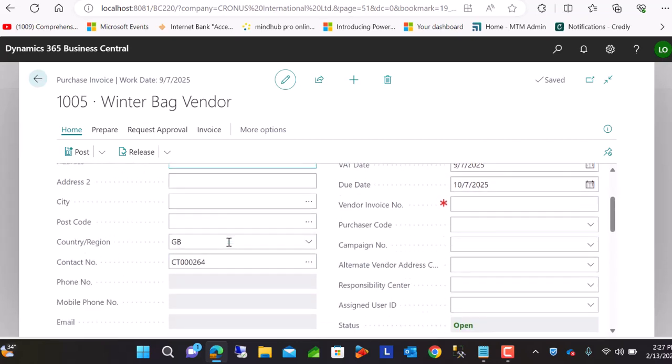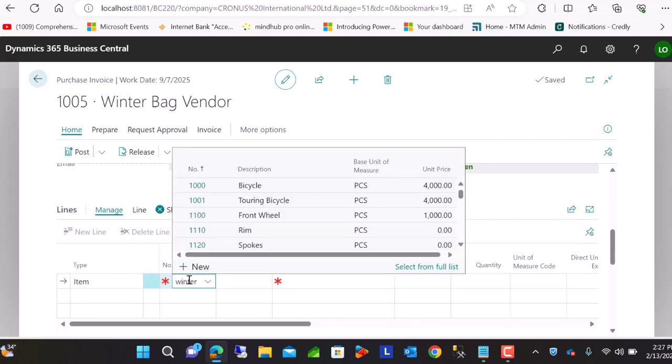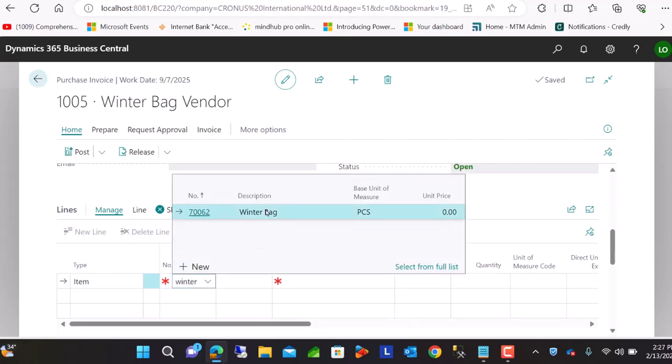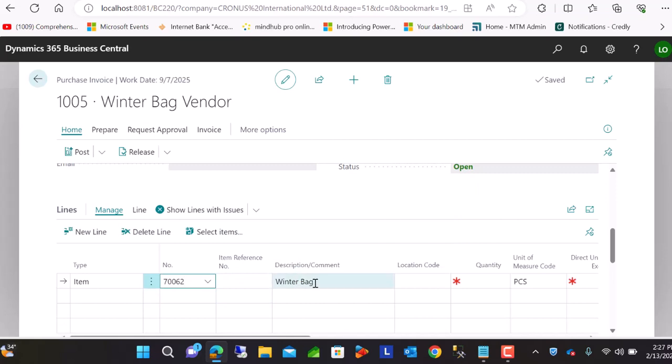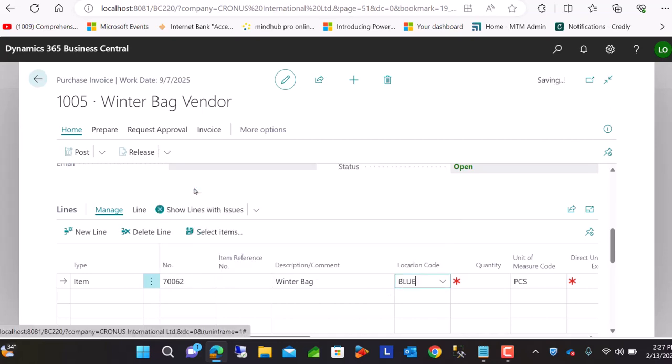So we come into the line, we pick the item we want to purchase, winter bag. So location, you can have it in the respective place you want to bring the item into.